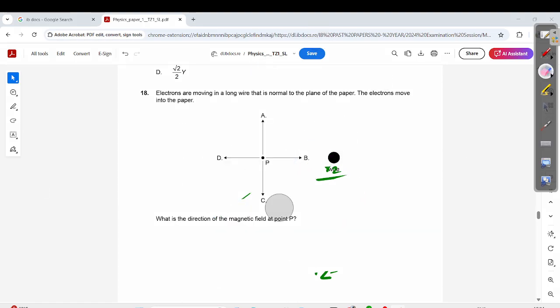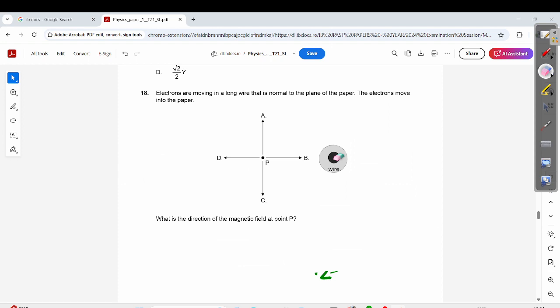Electrons are moving in a long wire that is placed normal to the plane of the paper.